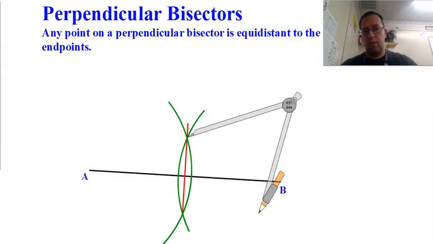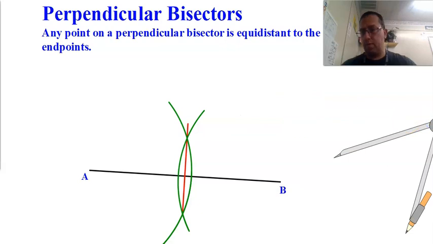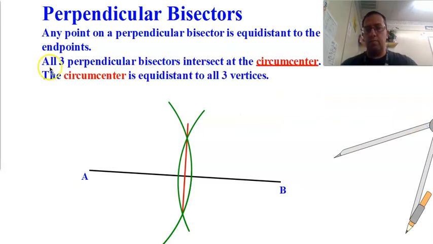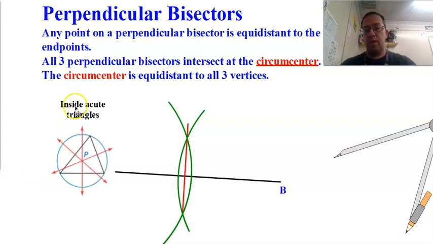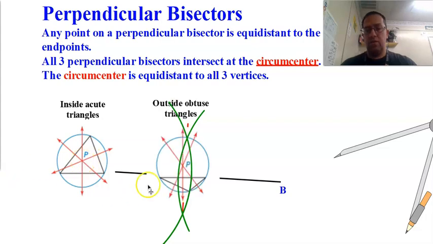All right, so let's get back over here where we can take some notes. Let's move that out of the way. Okay, so all three perpendicular bisectors intersect at the circumcenter, which is equidistant to all three vertices. And remember that for an acute triangle, it will be on the inside.